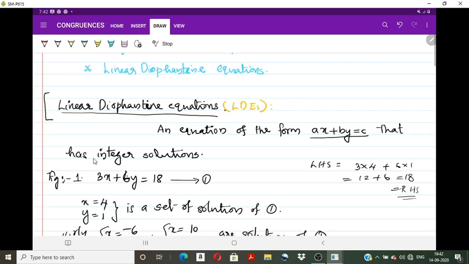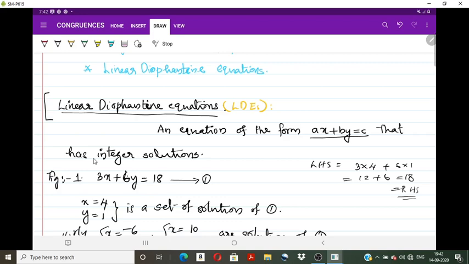So x equal to 4 and y equal to 1 is a solution. Here we are checking whether this has an integer solution or not. So this equation has a set of integer solutions. So this is a Diophantine equation, or more precisely a linear Diophantine equation.